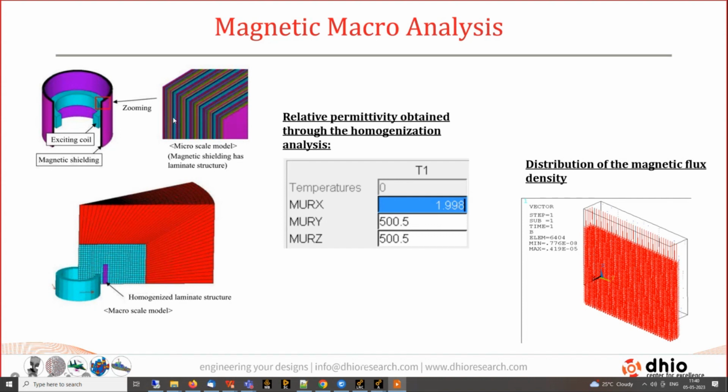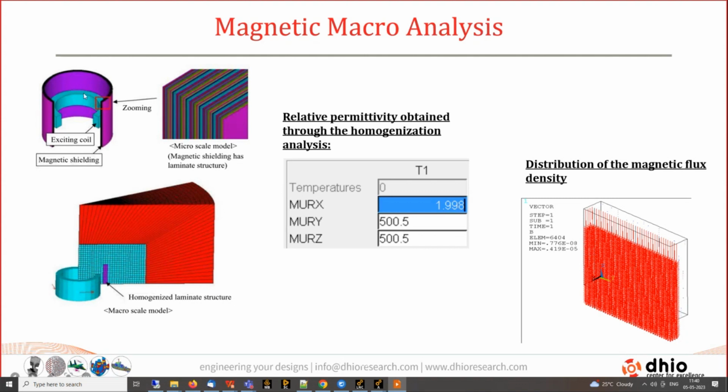The layer we have taken is this layer. We have taken only two layers and run our homogenization analysis. This is the magnetic shield of the laminated structures. This is the microscale layer, used in the magnetic field.